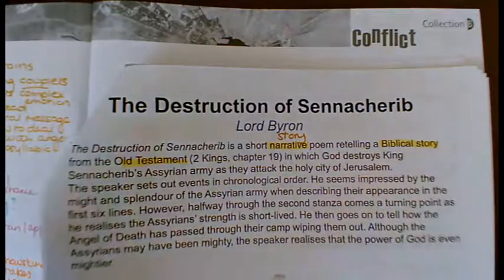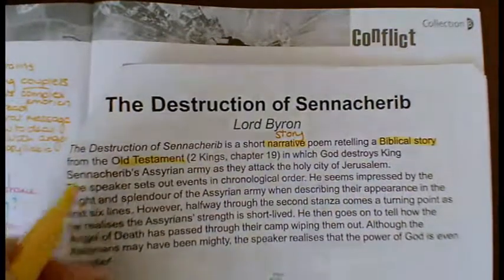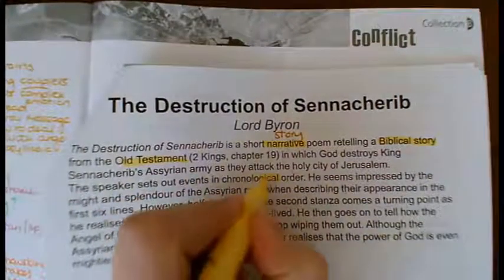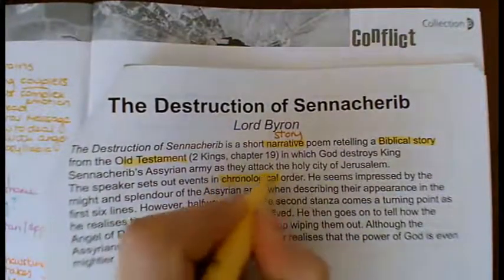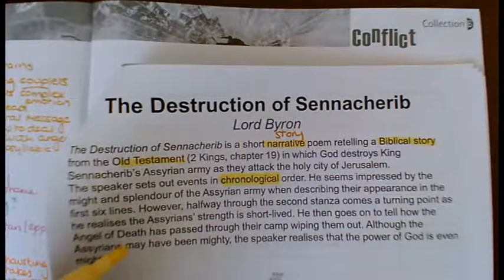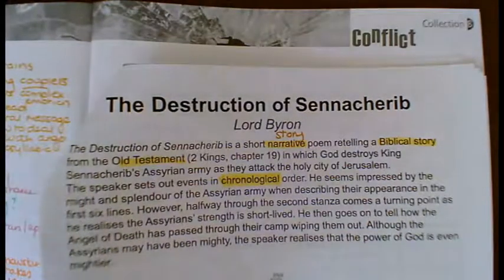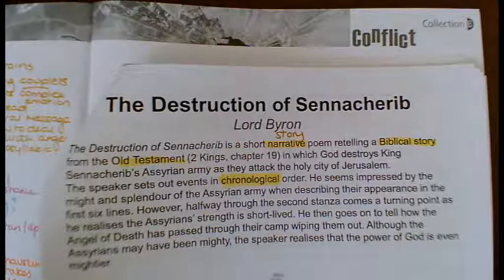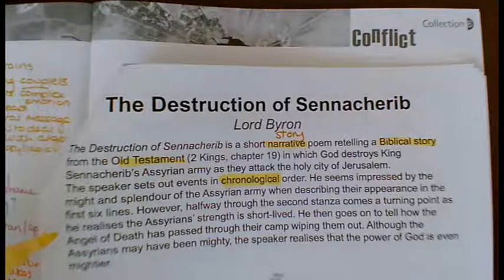So for the context, the speaker presents things in chronological order. Chronological order being 1st, 2nd, 3rd, 4th. So there's no time shifting like in Poppies. He seems impressed by the might and splendour of the Assyrian army, so we'll look out for that when it describes their appearance in the first 6 lines, so we'll look at the imagery used for that.